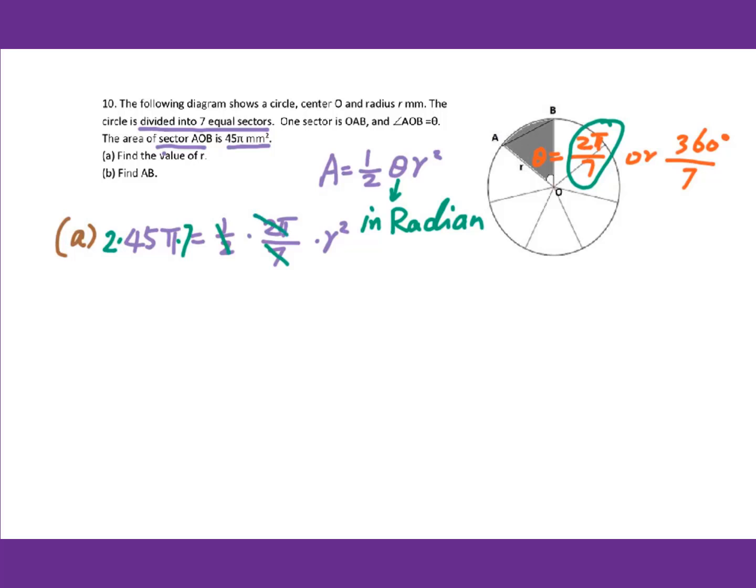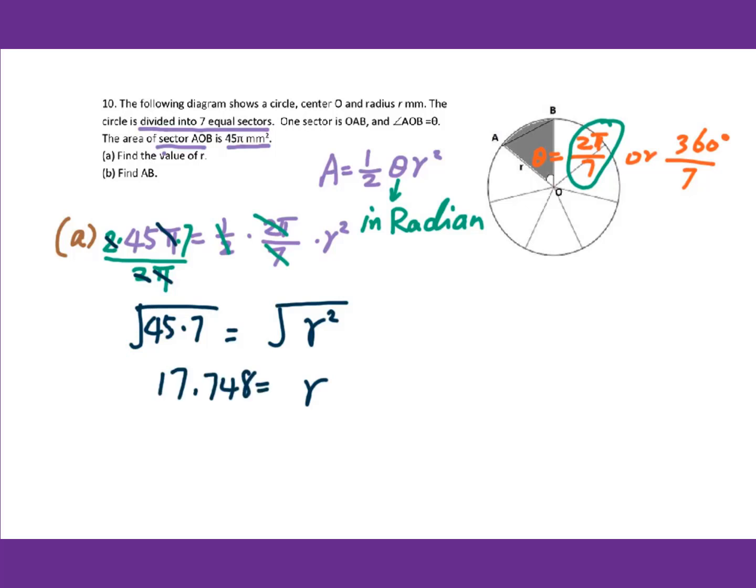To get rid of this 2 pi, we need to divide by 2 pi on both sides. So we got r squared equals, reduced, 45 times 7. Then we take the square root of both sides. We got r equals 17.478 millimeters. That's for radians.